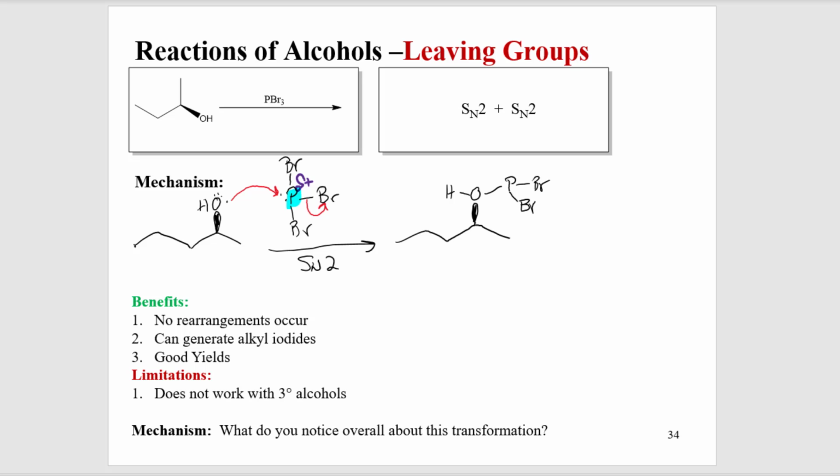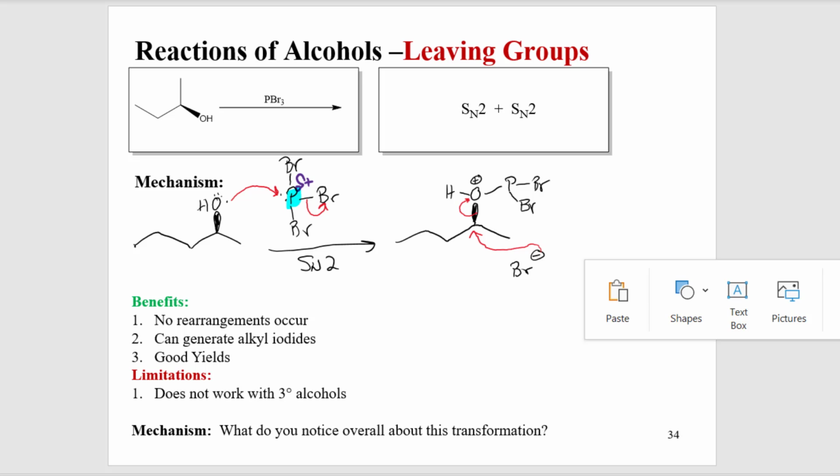We lost one of the bromines. Okay, here's our second SN2. The bromine now acts as the nucleophile, gives the electrons back to the oxygen. This whole thing is a great leaving group, right?